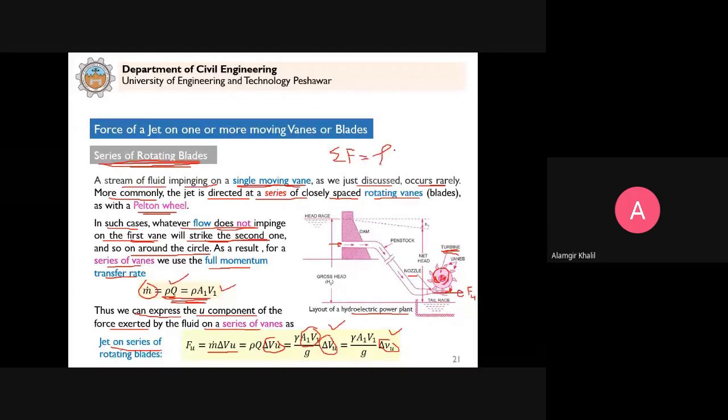Earlier we applied this rho Q into delta V to the stationary vanes.